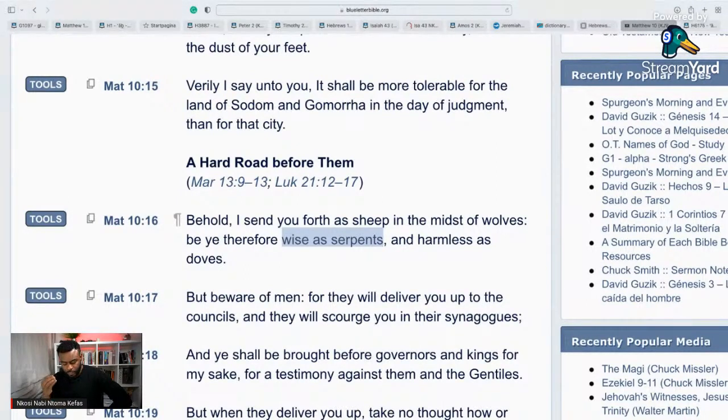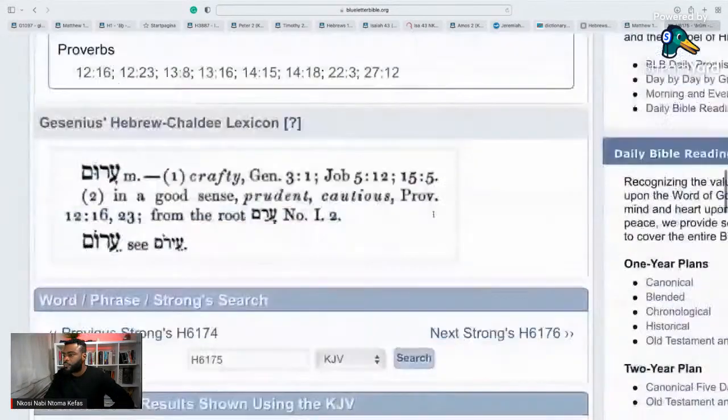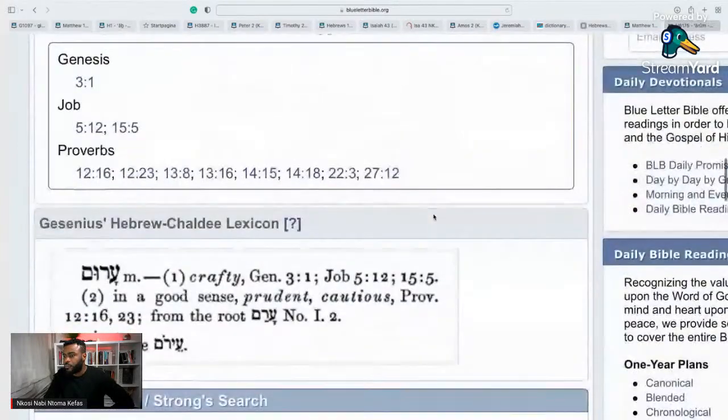Yes, and to be subtle means to be crafty, to be prudent. Wait, I have it here, I think. Yeah, see?